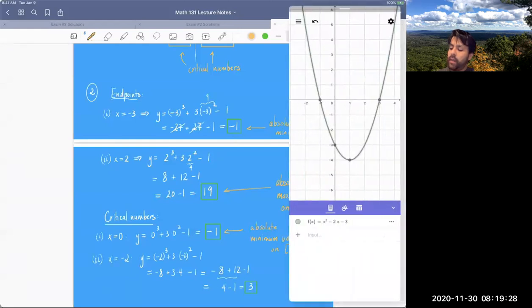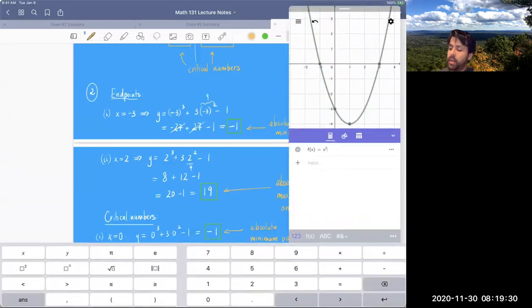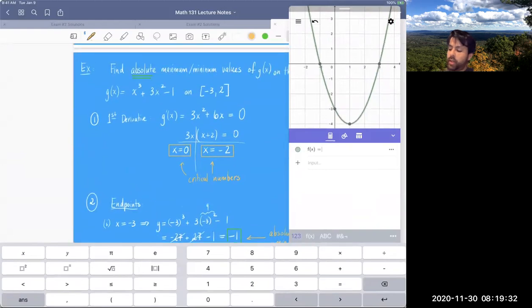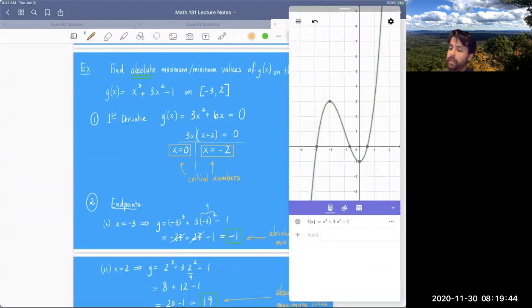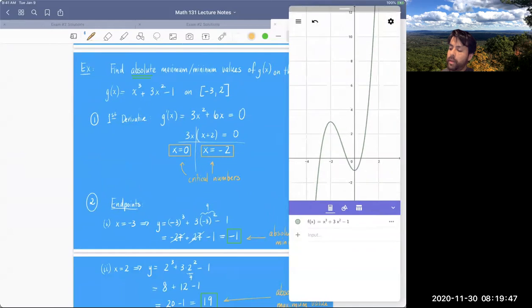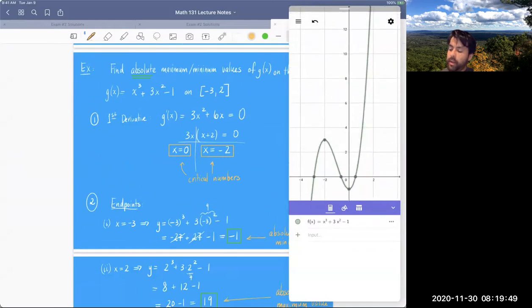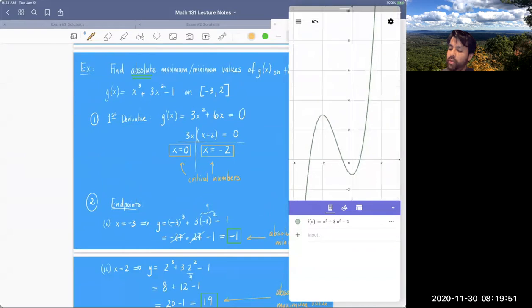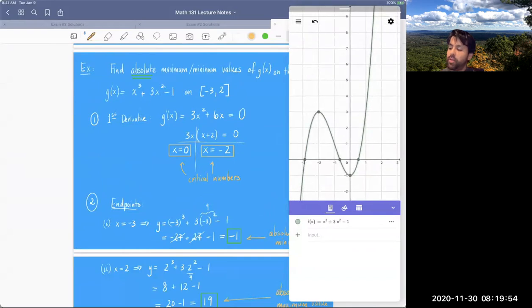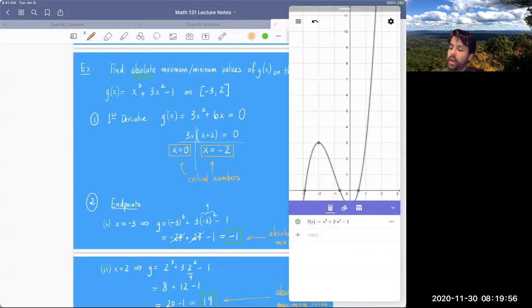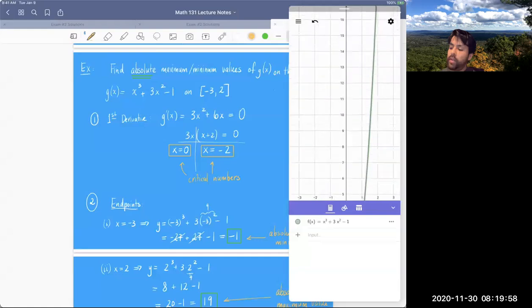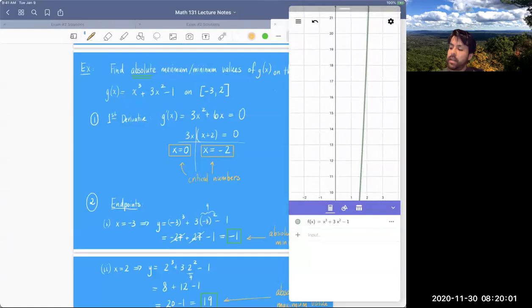And let's just graph this to give us a better sense of assurance here. So if I raise x to the third power plus 3x squared minus 1, what do I get? My interval is -3 to 2. As you can tell, 2 on this graph is all the way up here, and the y value is right here, it's 19.